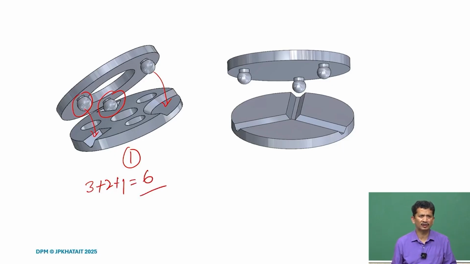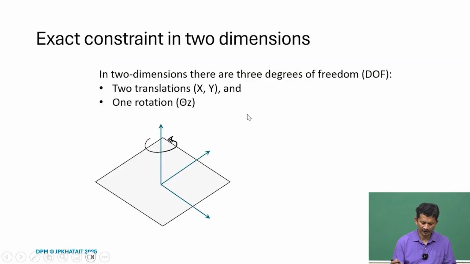Yes, we have to check whether it is exactly constrained, and we will learn how to calculate and how to find if there are any redundant constraints. But if it is exactly constrained, then it will be fully defined, and there will be 6 constraints in this case.